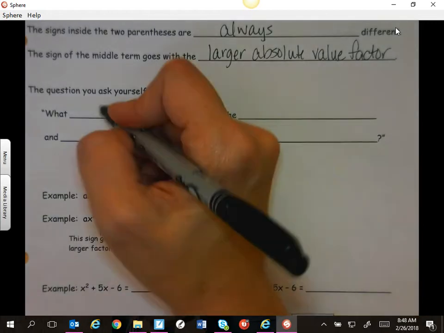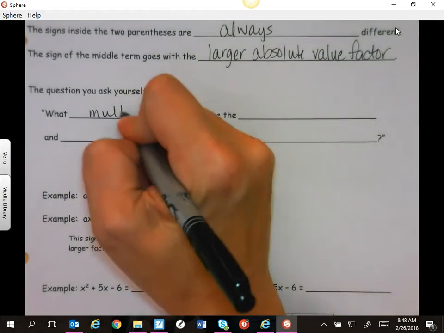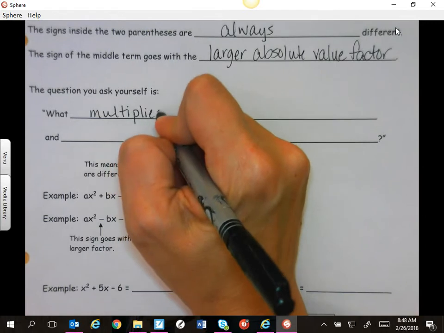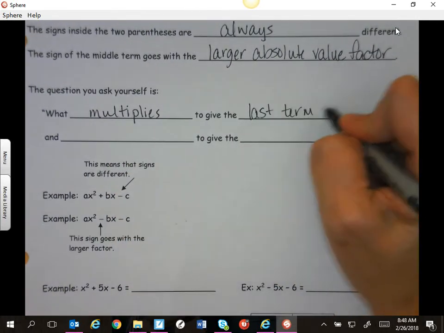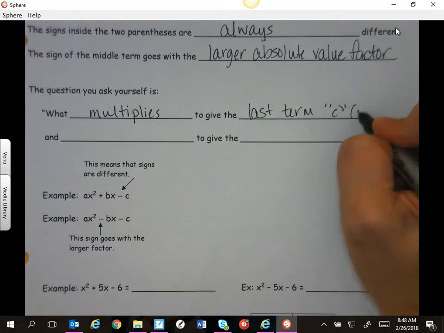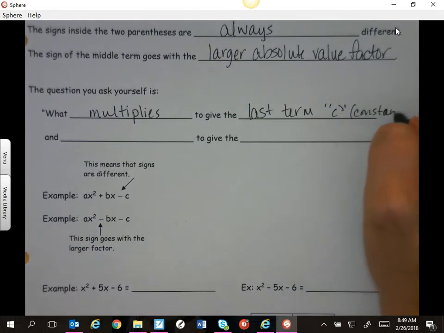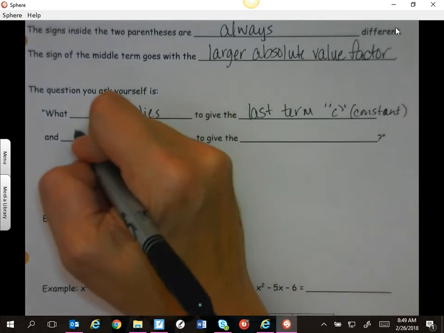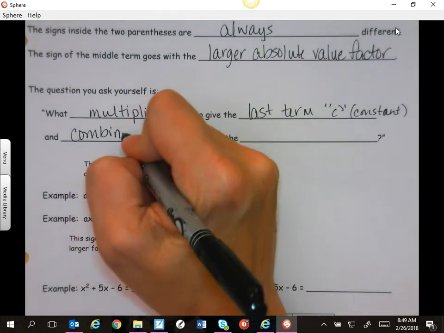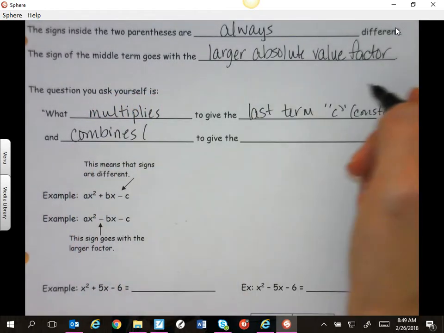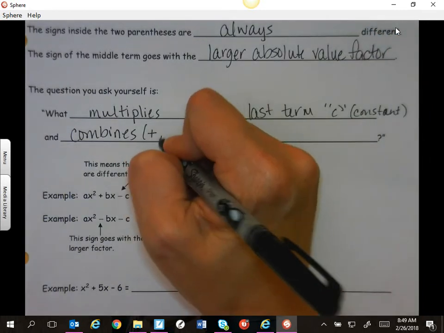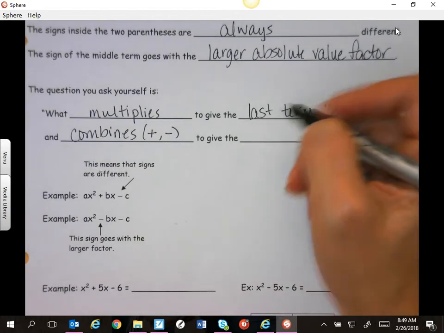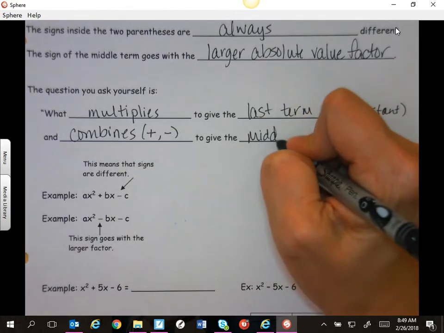So in this case, we're still asking almost the same questions. Actually it is the same question. What multiplies to give the last term, aka the c, or the constant? And what combines, meaning adds or subtracts, and in this case, when it's a negative c, then it is going to be negative, or subtracting, to give the middle term, that b term.